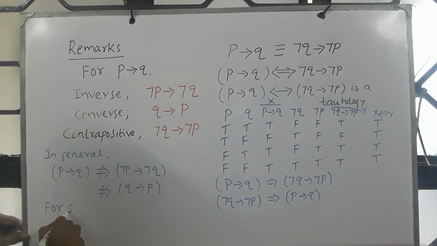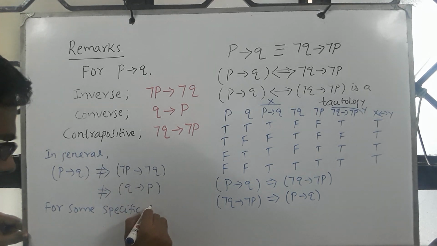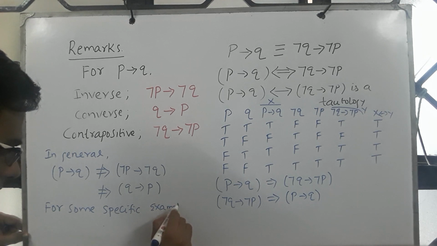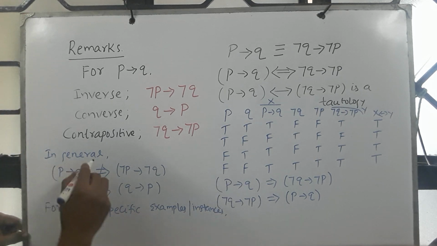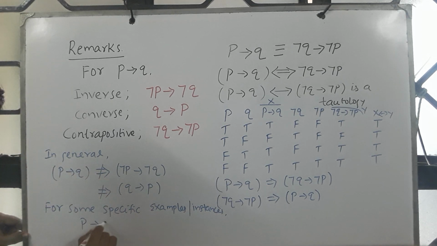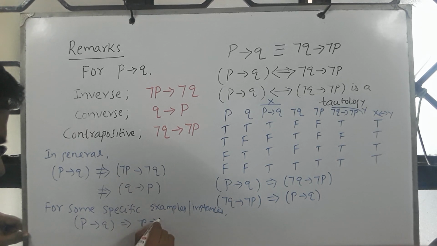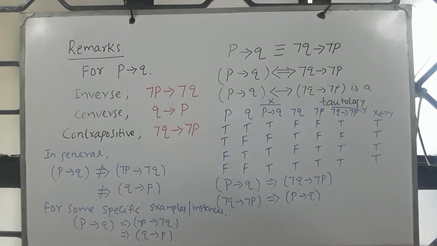For some specific examples, instances, P imply Q implies negation P imply negation Q. Similarly, Q imply P. In general, it is not, but there are specific examples, instances where it is true.